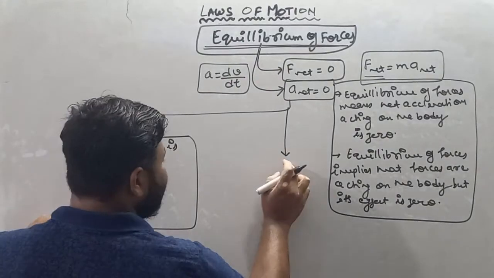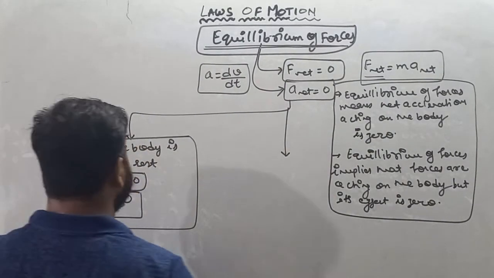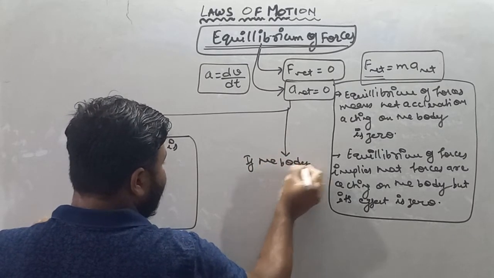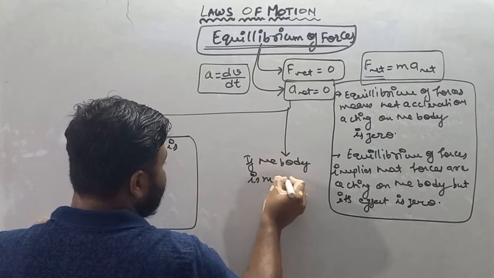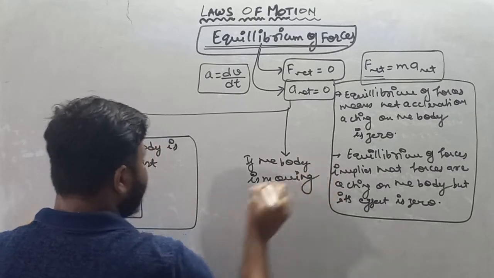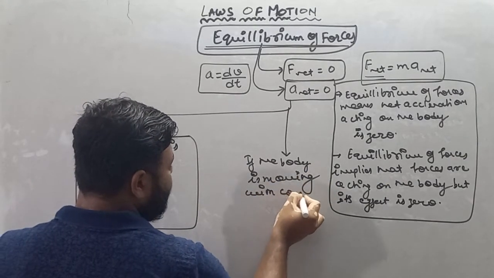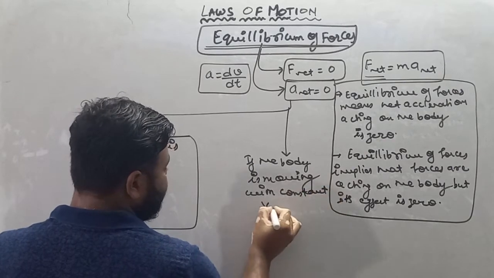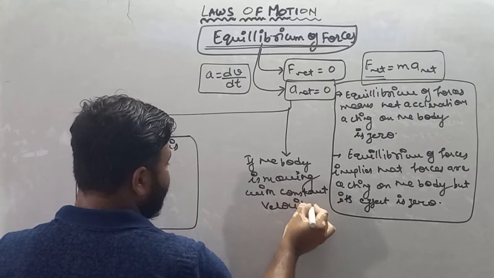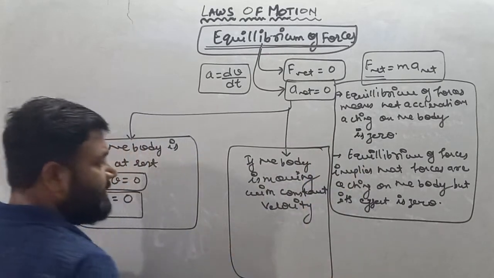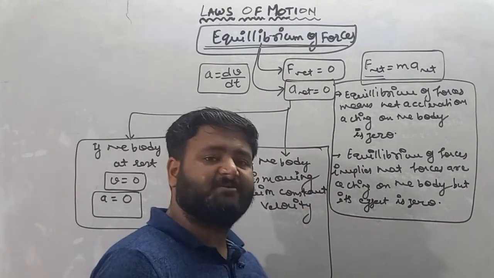Moving forward, the second condition when the body is in equilibrium of forces is if the body is moving with constant velocity, my dear student, constant velocity. So in this situation, the body is in motion but its velocity is constant.